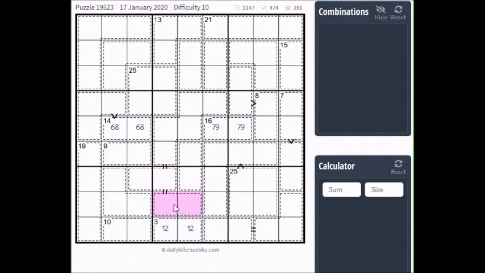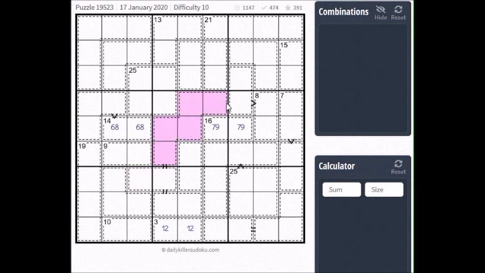So the maximum for these two equal cages is 15, and the minimum for this cage is also 15. So this equality forces both of them to be 15.